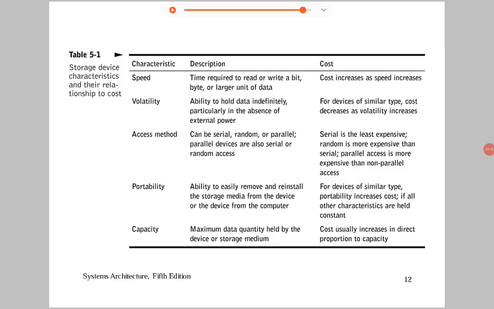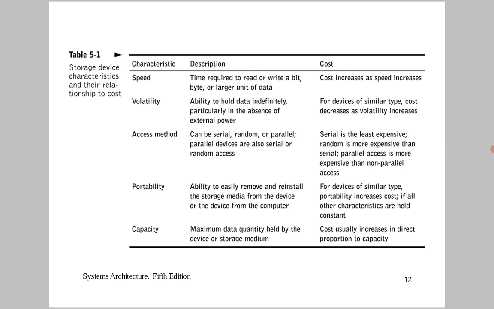What are the different characteristics of storage devices? First is speed, second is volatility, third is access method, fourth is portability, and fifth is capacity. Speed means the time required to read or write a bit, byte, or larger unit in a database.